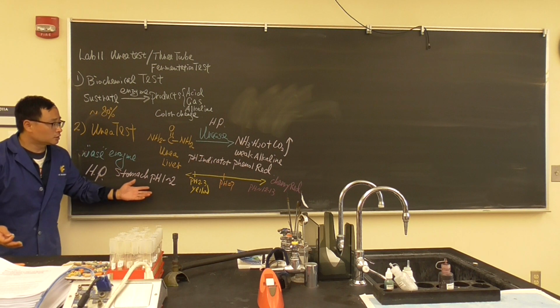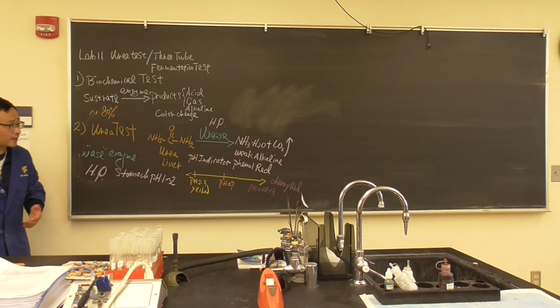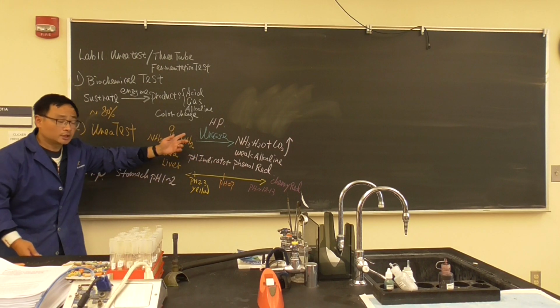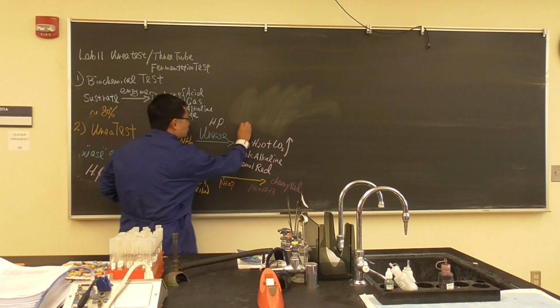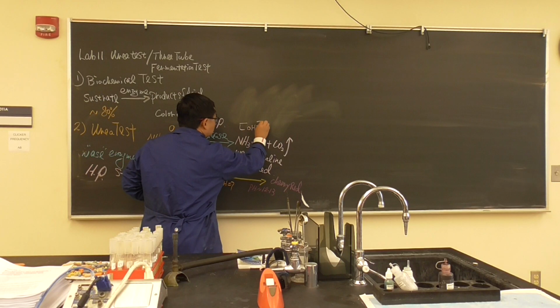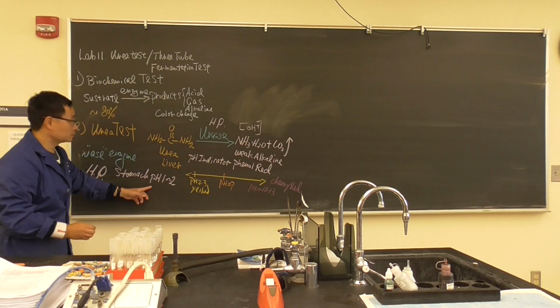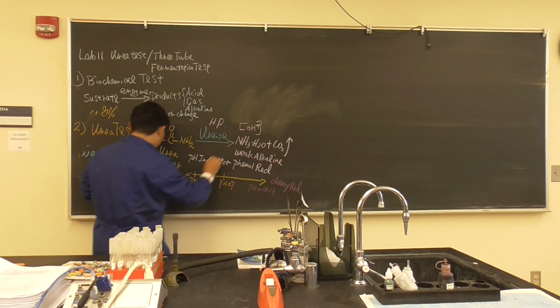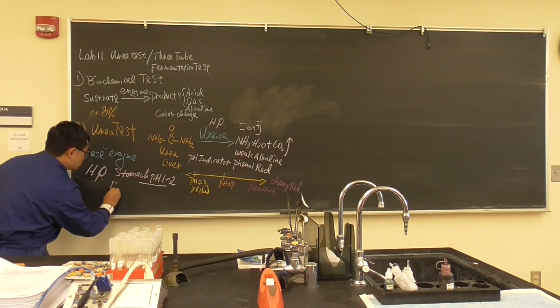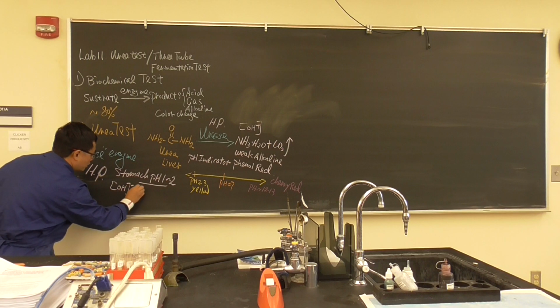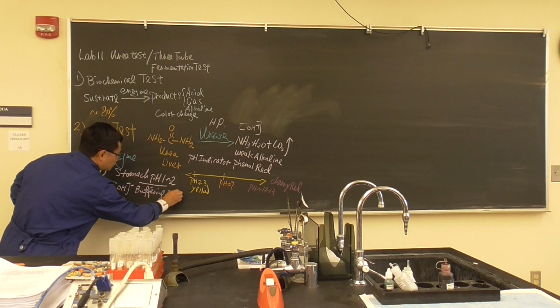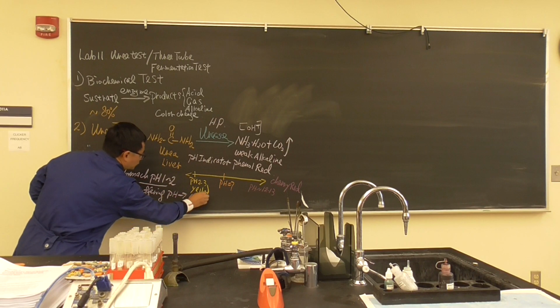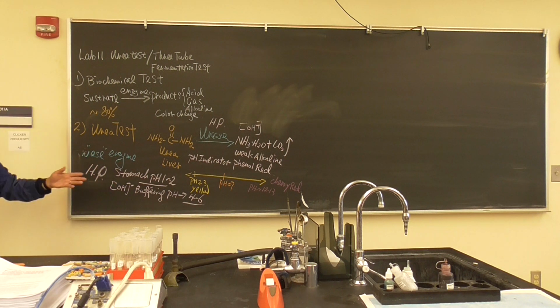So how can HP still survive? It has urease, which breaks down urea into ammonia, a weak alkali, and this buffers the lower pH back to 4 to 6. That's the environment the bacteria can survive in.